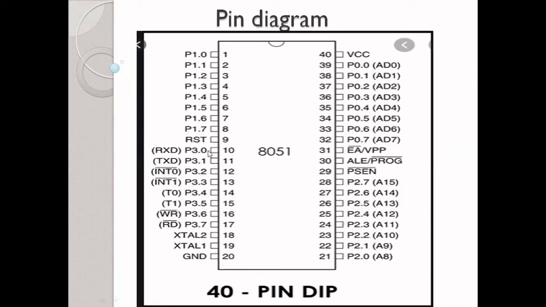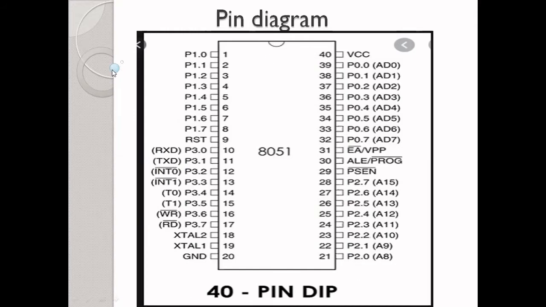It is used as port 3.0, so it will act as port 3. But another option is available, that is called receive data. So it is used to connect the input device as well as to receive the data. Any one function we can do at a time. If you are receiving the data, you cannot connect the input device or output device.